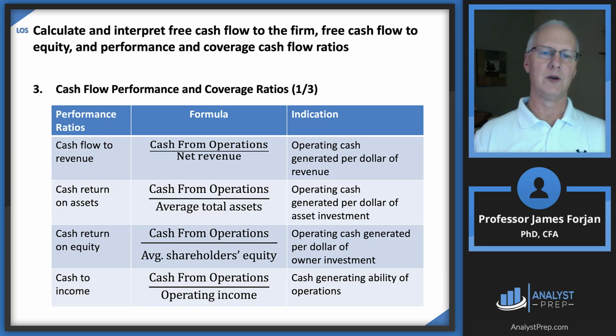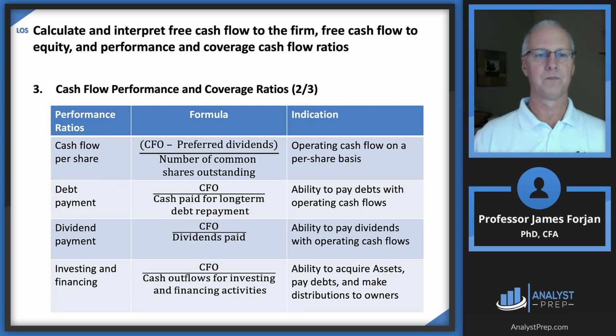And so what we're trying to do in each of these is to figure out how much cash that we're generating from operations in relation to things like revenues on the income statement, total assets on the balance sheet, shareholders' equity on the balance sheet, or operating income in the middle of the income statement. And then a couple other per share things here: cash flow per share, debt repayment, dividend payment.